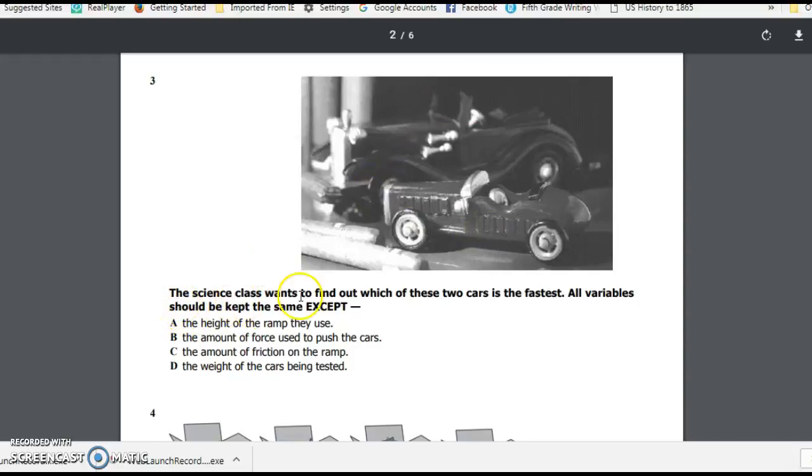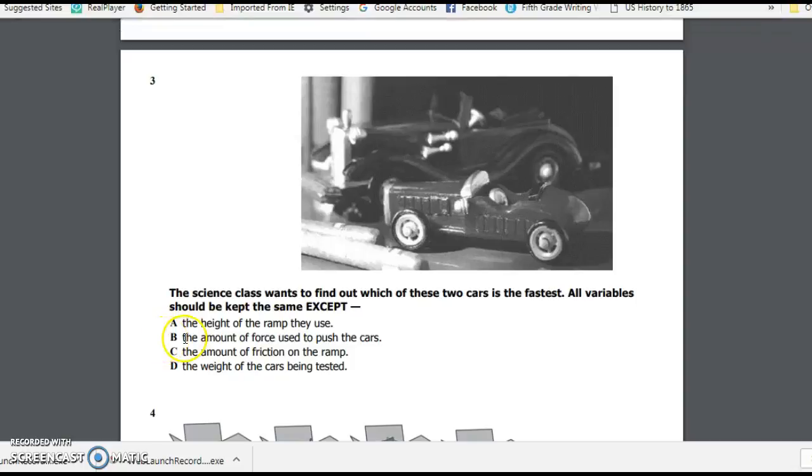The science class wants to find out which of these 2 cars is the fastest. All variables should be kept the same except A, the height of the ramp they use, B, the amount of force used to push the cars, C, the amount of friction on the ramp, D, the weight of the cars being tested.